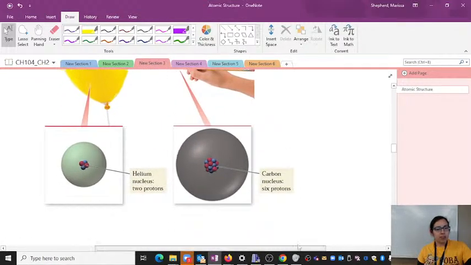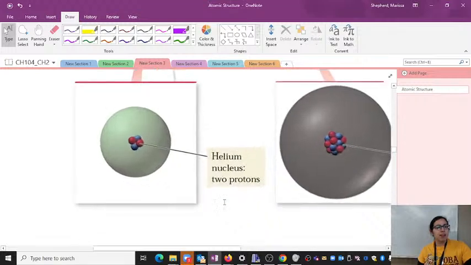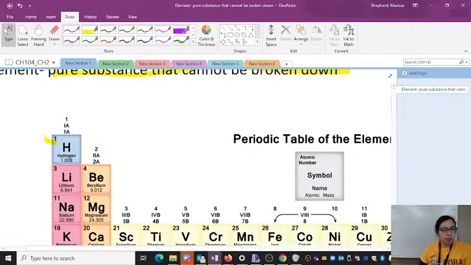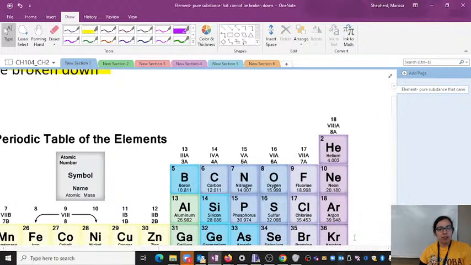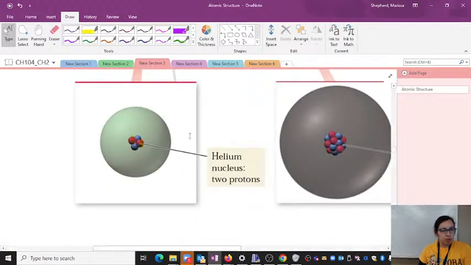And then, looking at these little depictions here, now we have a little helium atom, and in its nucleus, it has 2 protons here. And again, we go back to our periodic table. Let's look. So helium, it's element 2 here, corresponding again to those 2 protons.